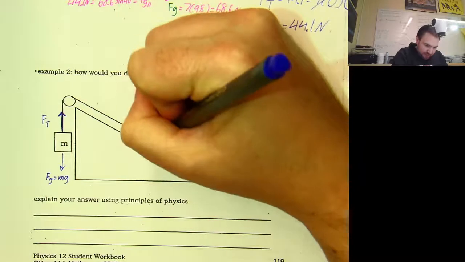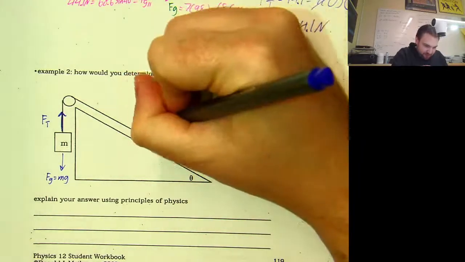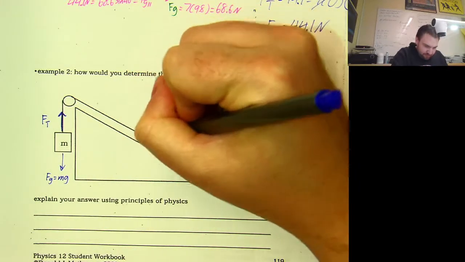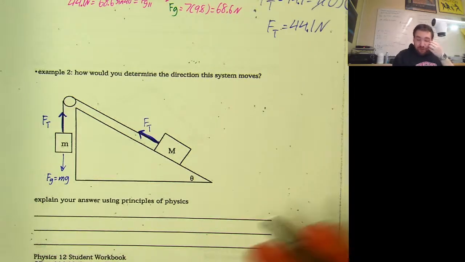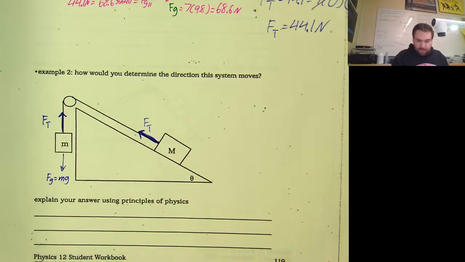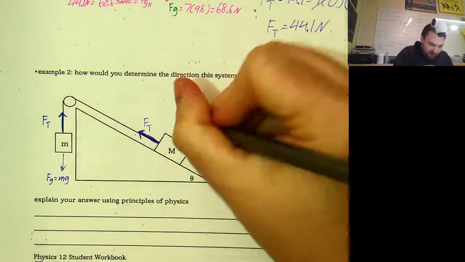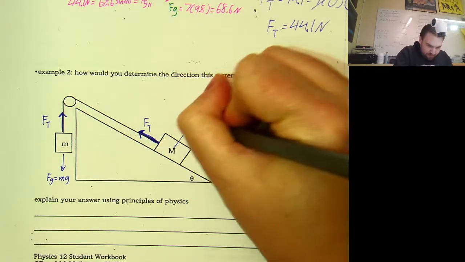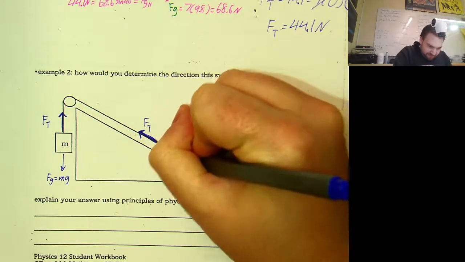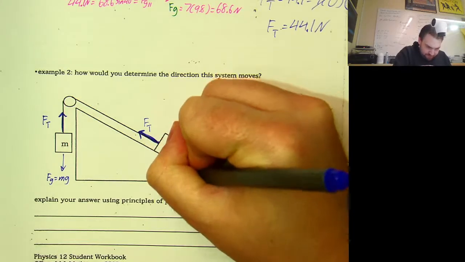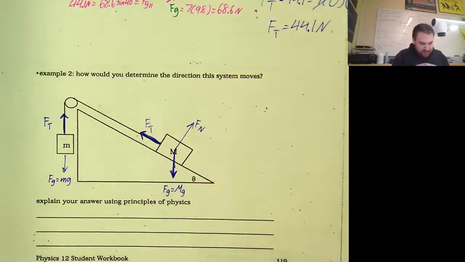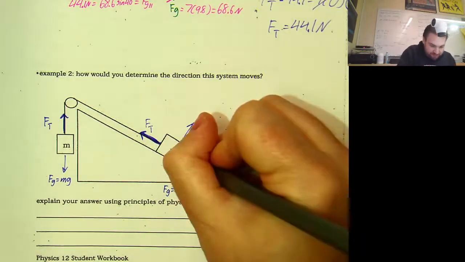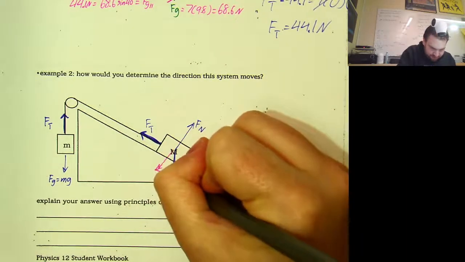On this block here, we're going to have a force of tension up this way. This thing doesn't say anything about friction, so we're not going to include it for the time being. We're going to have a normal force up this way and a force of gravity straight down. This guy here is going to be Fg equals big M little g. And now, like always, we're going to draw the component triangle for gravity.